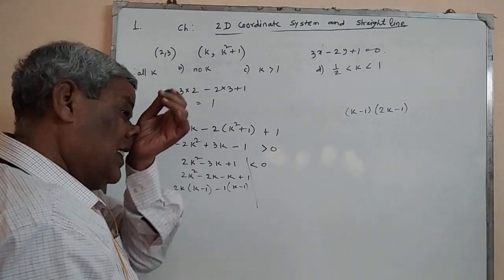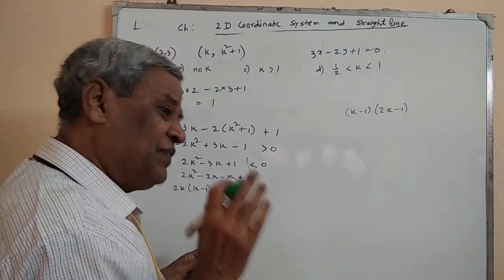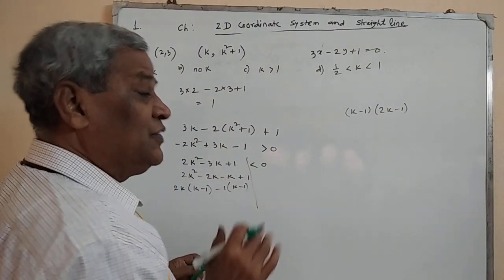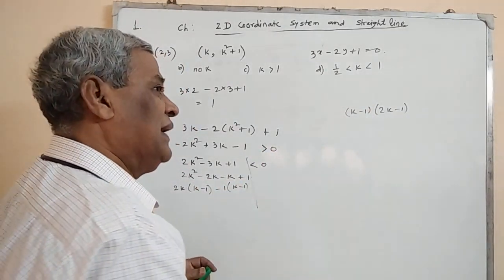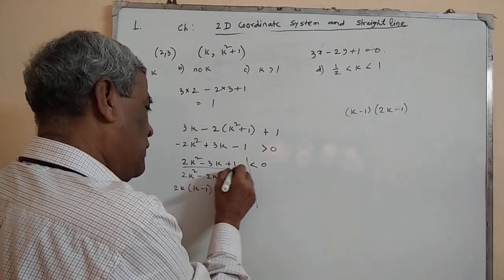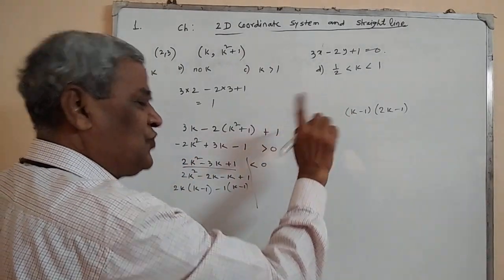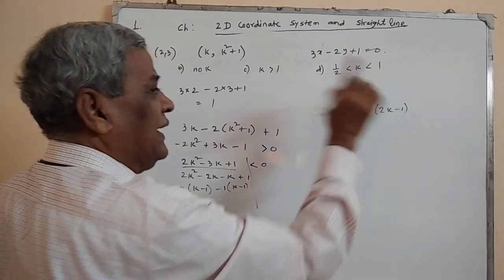If you can factorize mentally, this is always welcome. From this to that, it will save some time. So from there, you can straight away write this is equal to that.